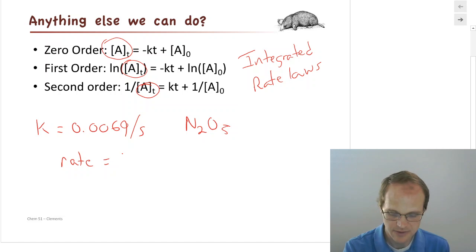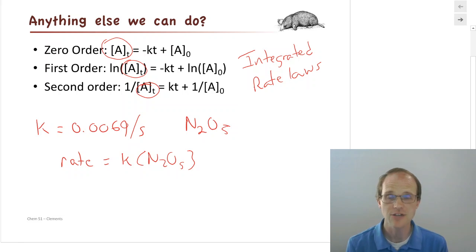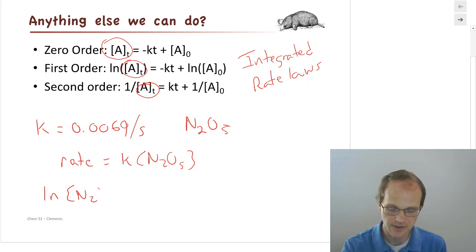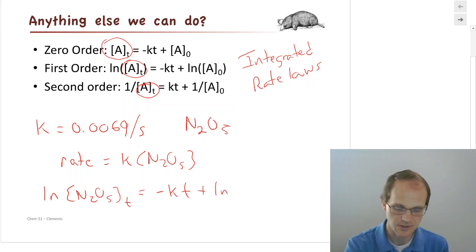So rate was equal to K times the concentration of N2O5, which means that our integrated rate law for this one is going to be the natural log of the concentration of N2O5 at any given time is equal to minus KT plus the natural log of N2O5 to begin with.